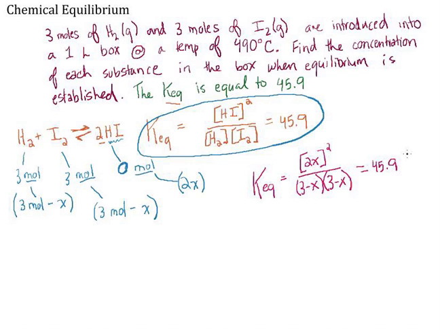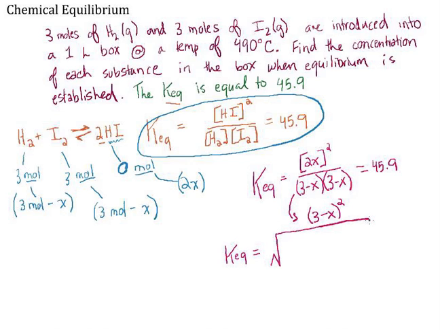And you guys may have noticed that this could essentially be rewritten. This bit could be rewritten as 3 minus x squared. Essentially what that means is if I wanted to simplify here, I could just put a square root over everything. Let me just write out what that would look like.